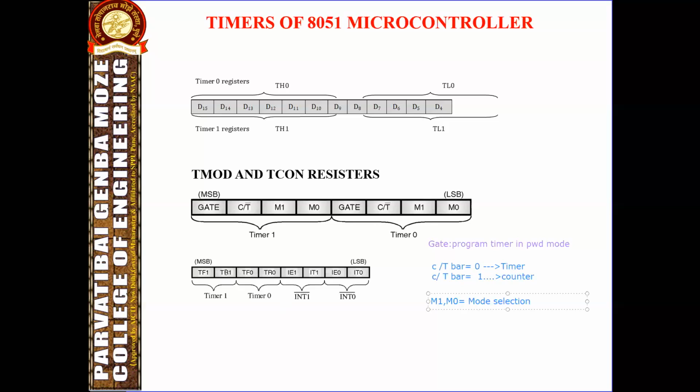to control the start and stop operation of the timer, and it can be achieved by the instructions SETB TR0 and CLR TR0. By using instructions, how can we set it?